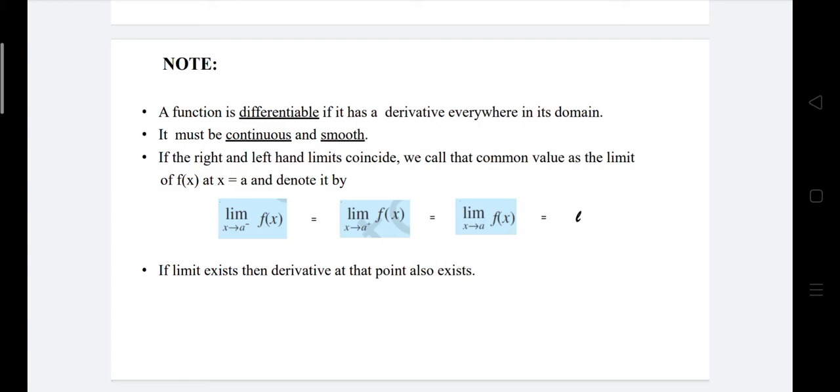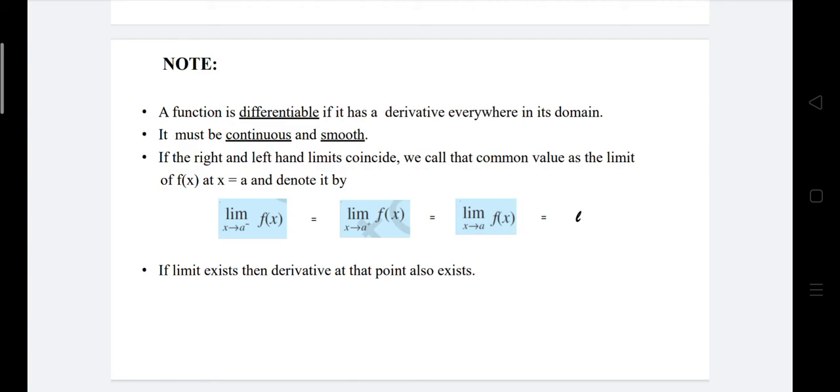Left hand means a minus, right hand means a plus. If we are interested to see a function at 1, then 1 minus means 0.99, 0.8, 0.5, and 1 plus means 1.001, 1.2. The 1 plus and 1 minus values should match with 1. Then we can say that this function exists at that point.